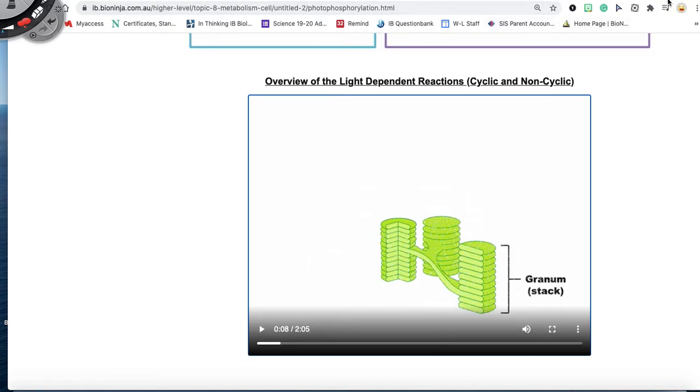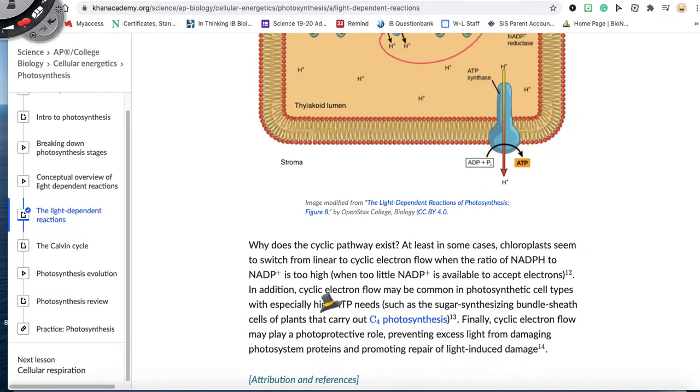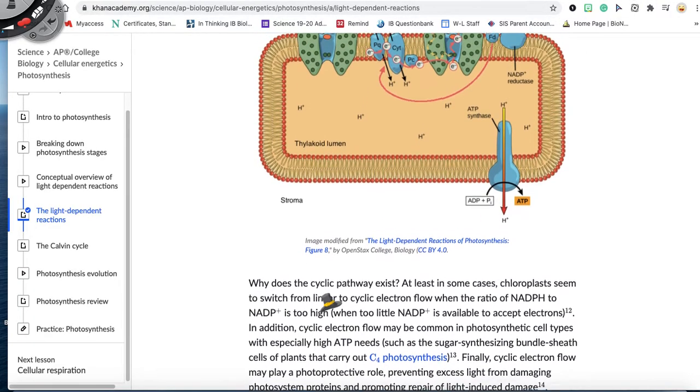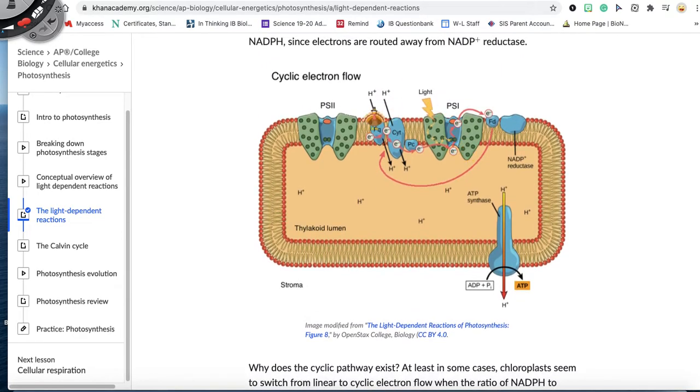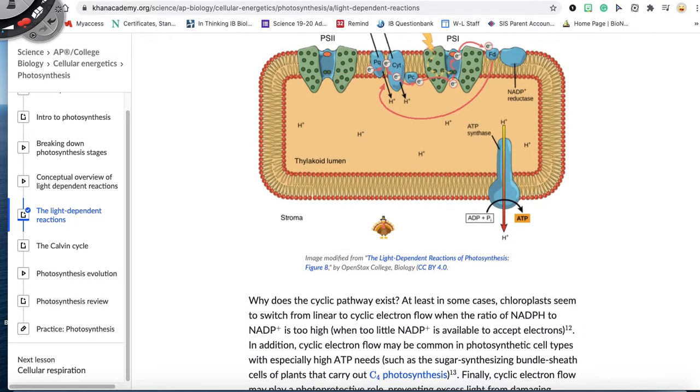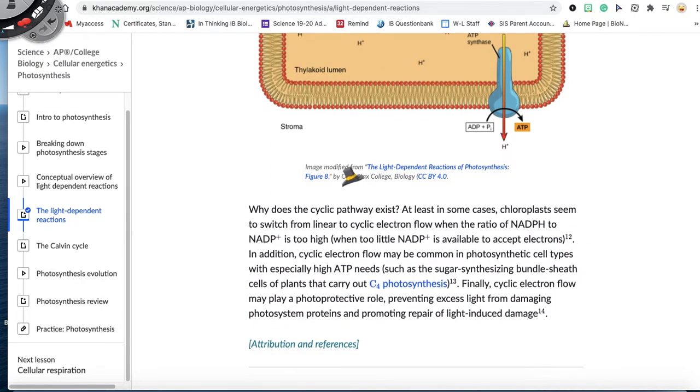The other thing that I wanted to go over is in Khan Academy, they also have an explanation of cyclic and non-cyclic photophosphorylation that is very good. Here they show you photosystem 1 and photosystem 2, and they go into a little bit more detail of how these photosystems work. So if you want to look at it, it's a very good resource.